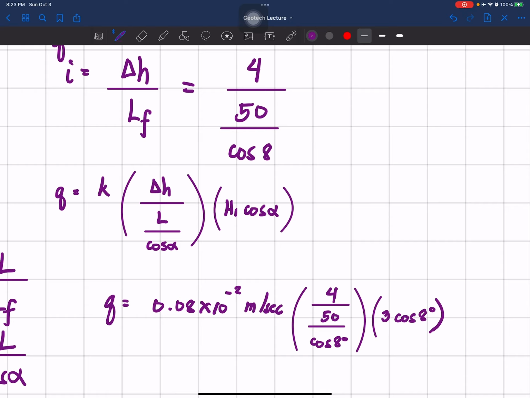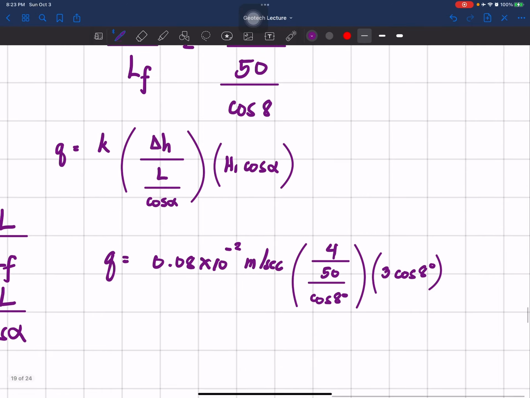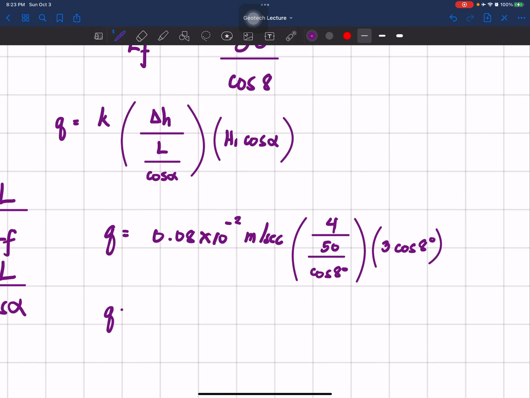Okay. So, ayan. So, what will now be our Q? So, your Q now is 0.19 times 10 to the negative 3 m cubed per second per meter. So, m cubed per second per meter, guys, kasi per meter, per 1 meter strip yan. Okay? Supposed to be may 1 meter dito.